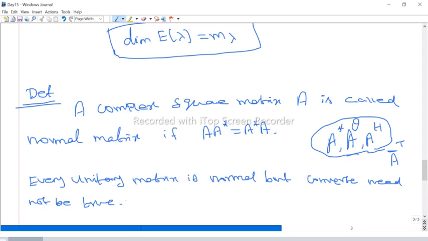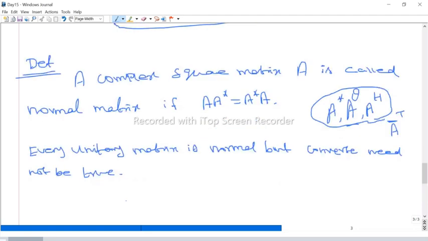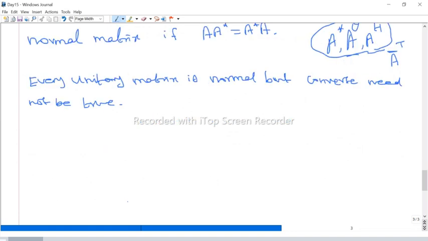Now naturally we ask, are these normal matrices diagonalizable or not? That is the next question, the next theorem. A normal matrix is diagonalizable if it is upper triangular.